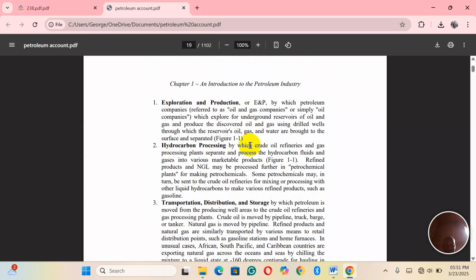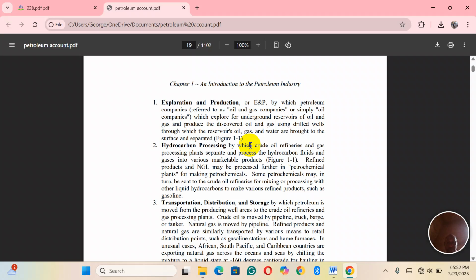The first major segment is exploration and production, or E&P, by which petroleum companies, referred to as oil and gas companies or simply oil companies, explore for underground reservoirs of oil and gas and produce the discovered oil and gas using drilled wells, through which the reservoir oil, gas, and water are brought to the surface and separated.